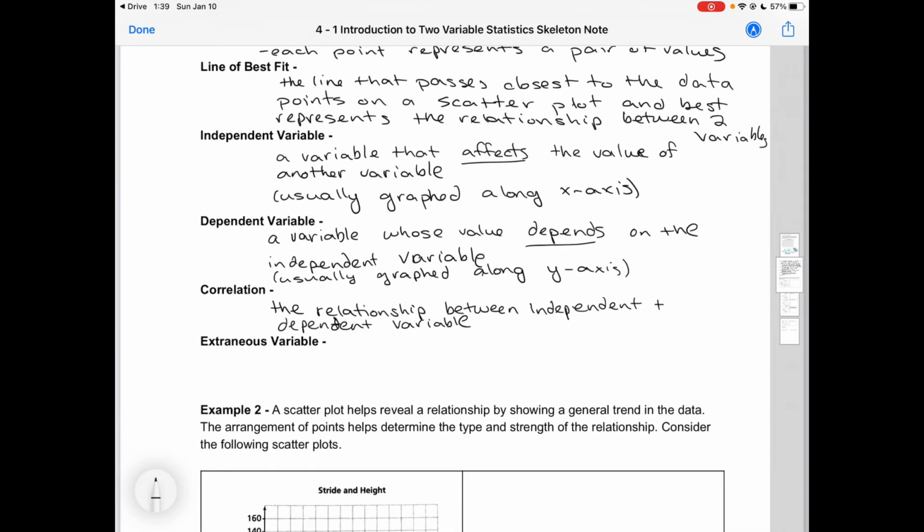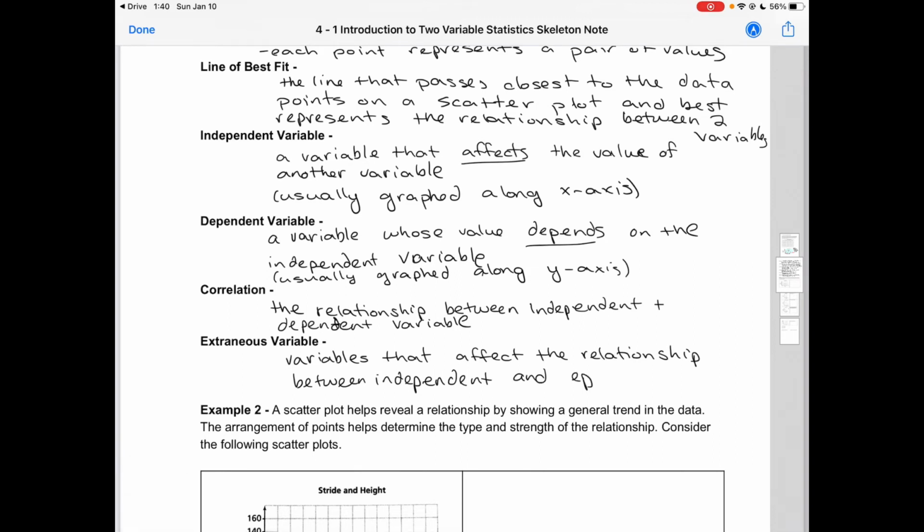And the last term is an extraneous variable, and these are variables that affect the relationship between the independent and dependent variables.